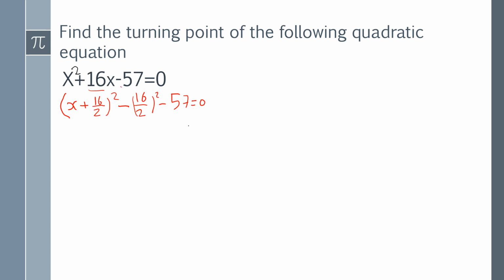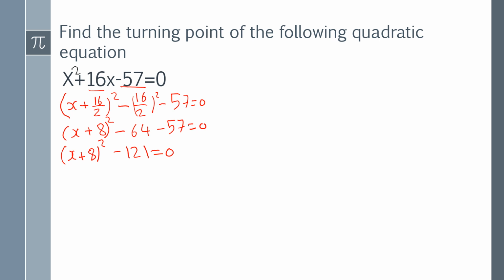So x plus 16 divided by 2 is 8, squared, minus 8 squared, 64, minus 57, equal to 0. So minus 57 minus 64 is minus 121. So x plus 8 squared minus 121 equal to 0.